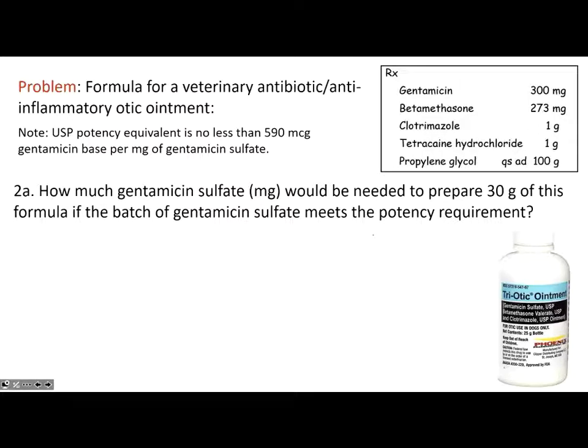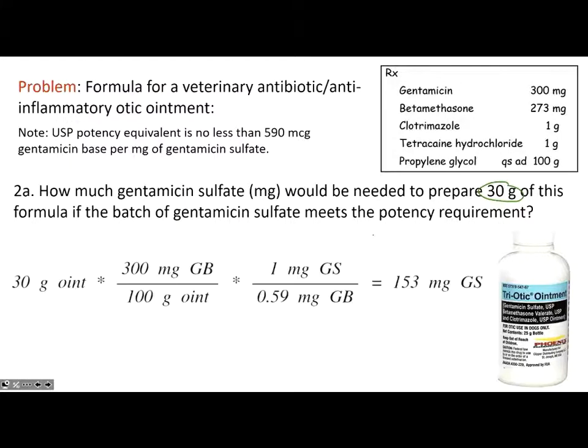All right, you'll see that here in a minute, because it wants to know how much gentamicin sulfate would be needed to prepare 30 grams of this formula. Okay, I don't want the full 100-gram batch, I only want 30 grams. Use the formula, tell me how much gentamicin sulfate I would need to provide the right amount of moiety, in this case, just gentamicin. Where would you start? Let's start with this right there, right? That's how much we are going to want to make, so that'll determine how much gentamicin we need.